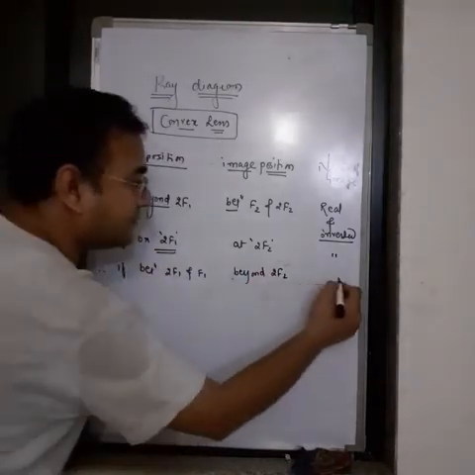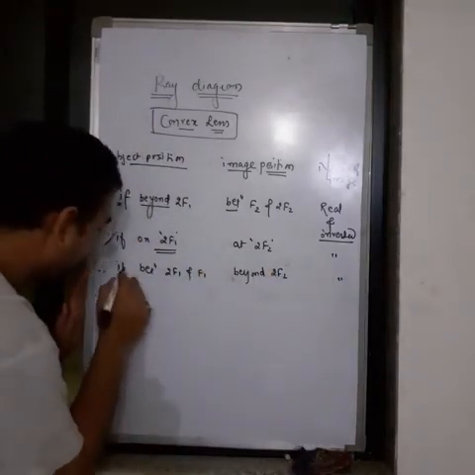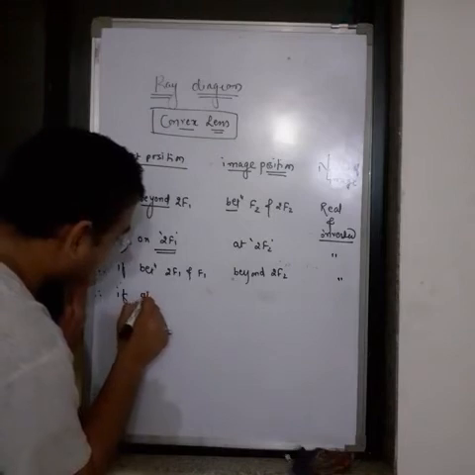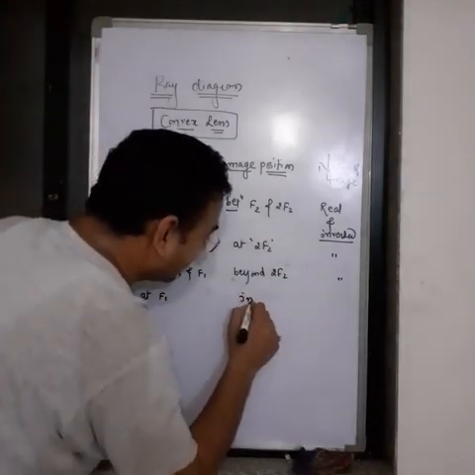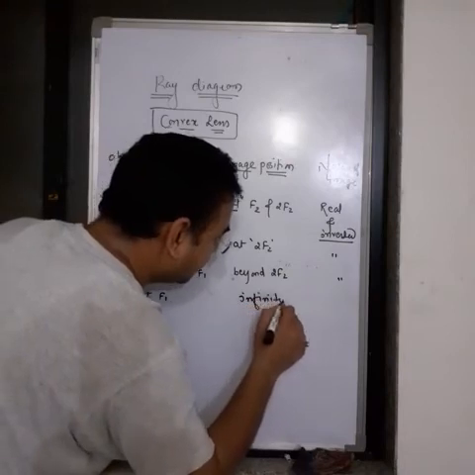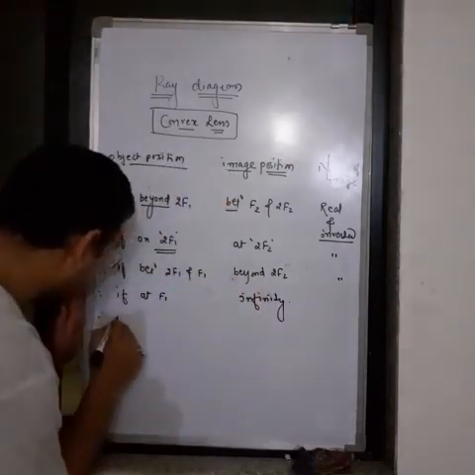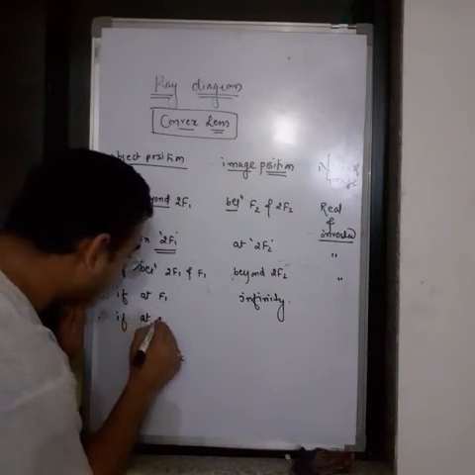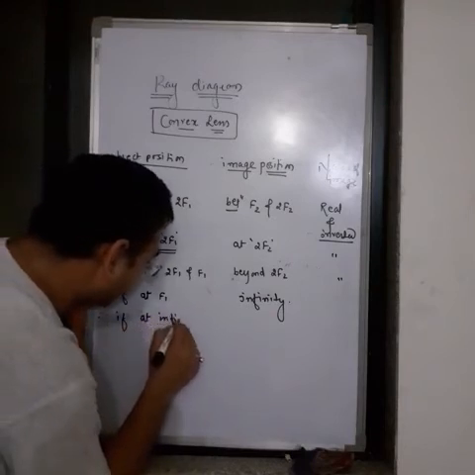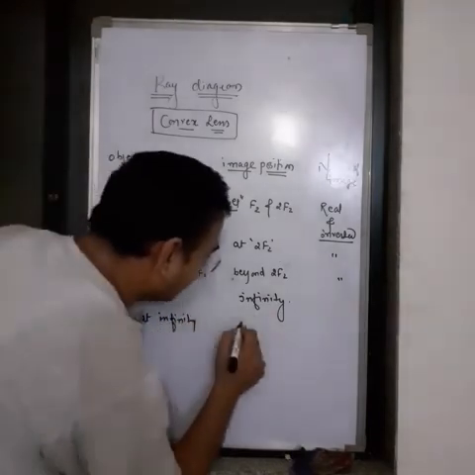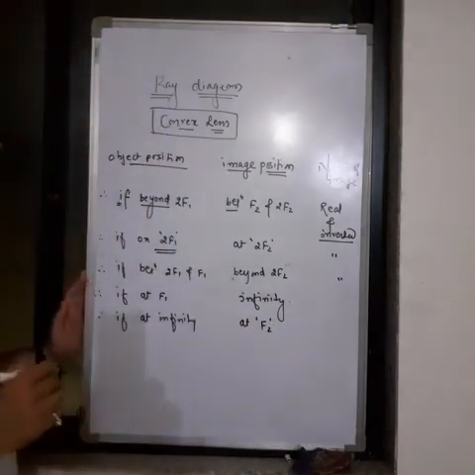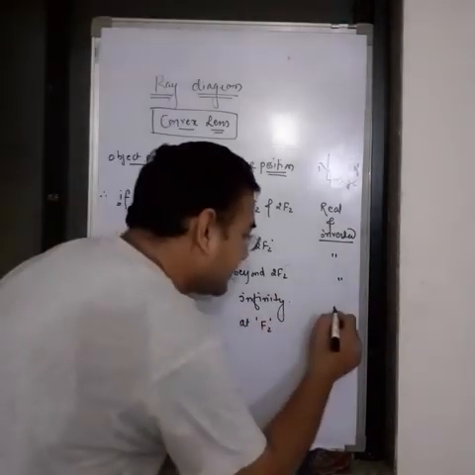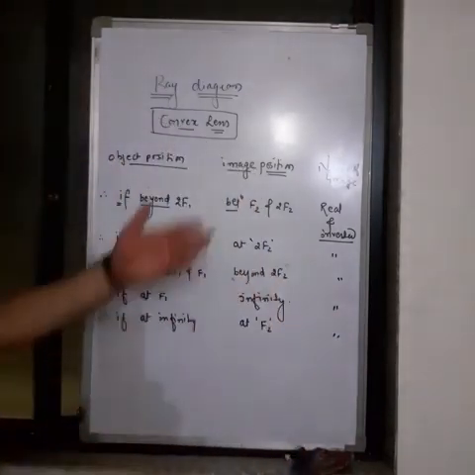Similarly, if the object is at F1, then the image is at infinity. If the object is at infinity, then the image is at F2. In all cases it is going to remain like this.